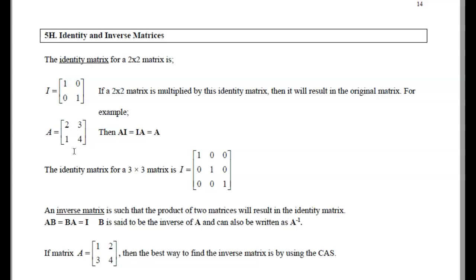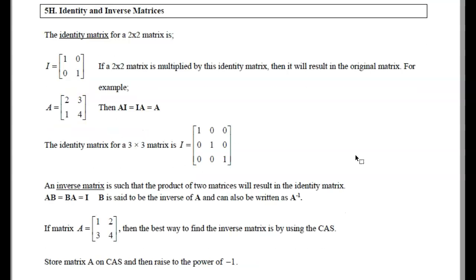Here, when you multiply a matrix like this matrix here, A, by its identity matrix, or multiply the identity matrix by A, so it doesn't matter the order that you're doing your multiplication, you're going to stay with A because the identity matrix is the same as multiplying something by 1. Okay, so you need to remember that.